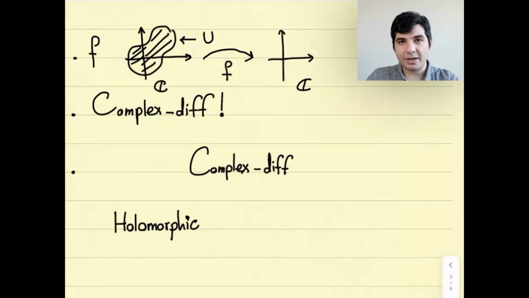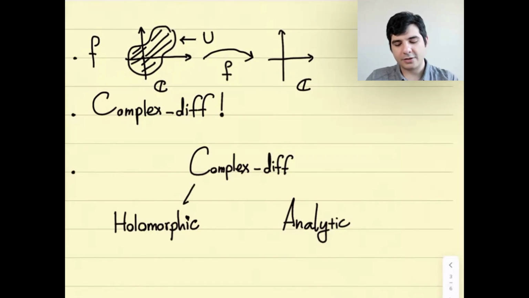And then there would be a third way to think about holomorphic or complex differentiable functions, and that's called being analytic. So the main point today is to learn these three notions and then also understand why these three things are almost equivalent. So this is like the big picture.